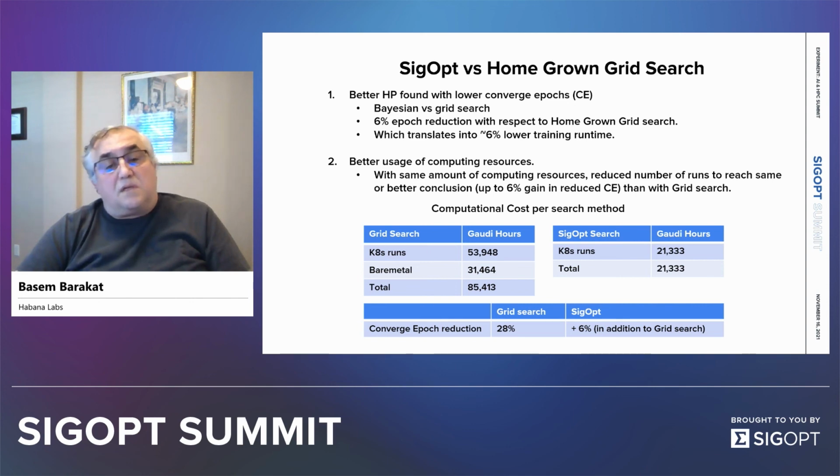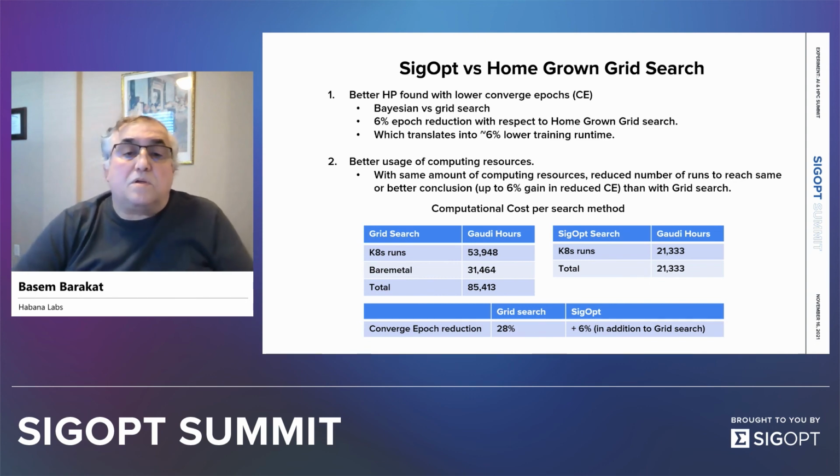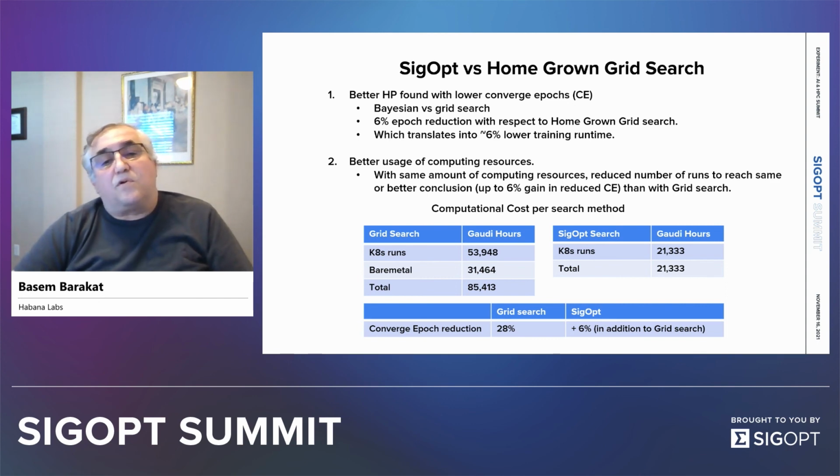That translated into a 6% reduction on top of an already optimized search space, which also means a reduction in epochs and in time. So that goes straight to the bottom line. We also felt it was a better consumption of resources. We used 85,000 Gaudi hours versus 21,000 Gaudi hours. Of course, the searches started from two different points, but nevertheless we were happy with the resource consumption at that point.